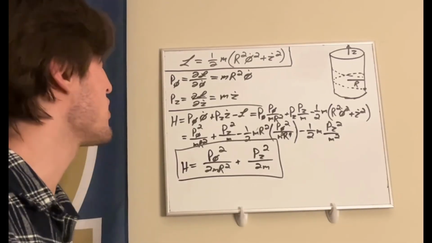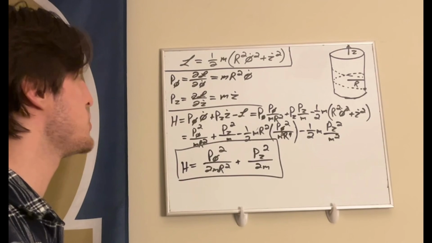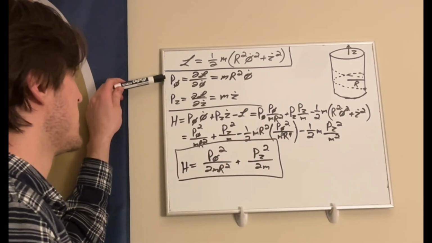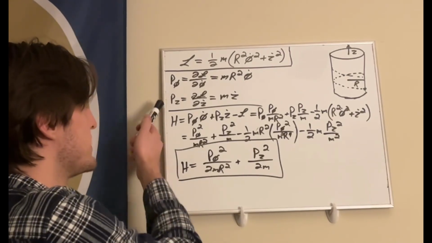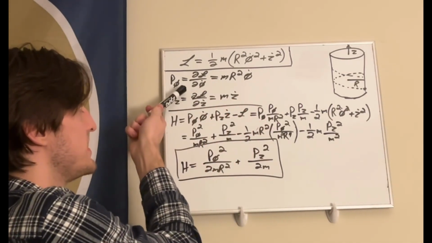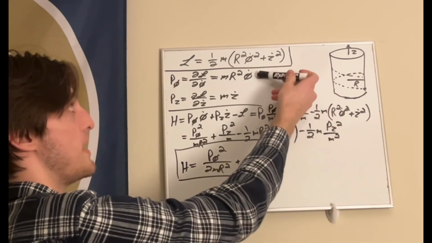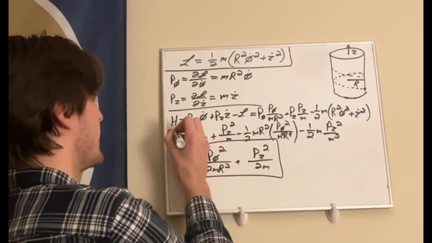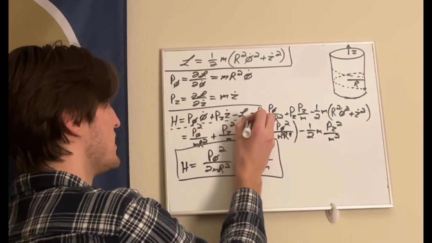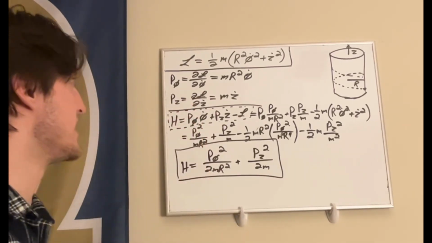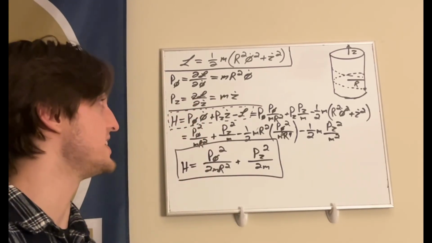Okay, so now that we have the Lagrangian, we are able to use the Hamiltonian. Before we set up the Hamiltonian, we're going to do two things. We're going to say that the momenta with respect to phi and z are the partial of the Lagrangian with respect to phi dot and z dot respectively, which gives us m r squared phi dot and m z dot. The Hamiltonian is defined to be p phi times phi dot plus p z times z dot, minus the Lagrangian.